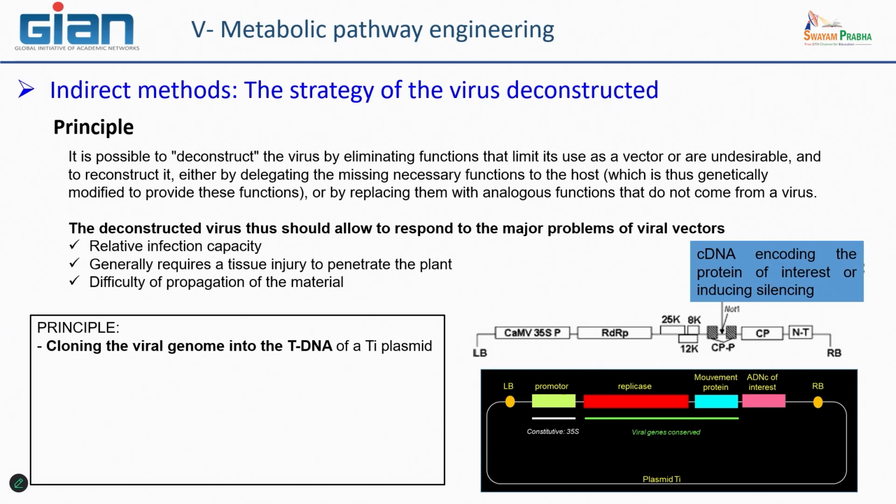In this case, we use all the sequence of the virus that is normally used for this type of transformation, but we insert this sequence between a left and a right border recognized by the agrobacteria.